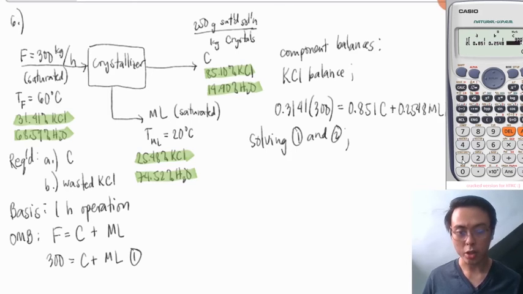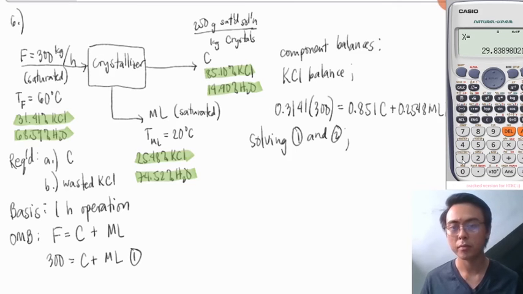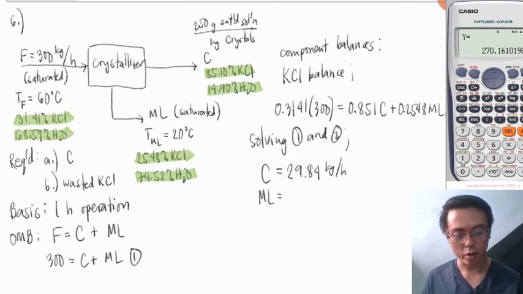And then the constant is 0.3141 times 300. Okay. Your crystals, 29.84 kilograms per hour. Your mother liquor, 270.16 kilograms per hour.